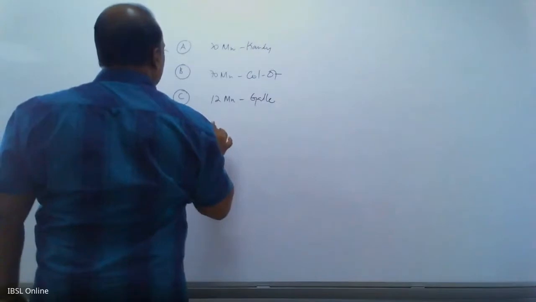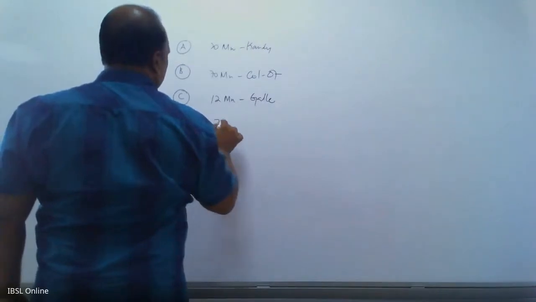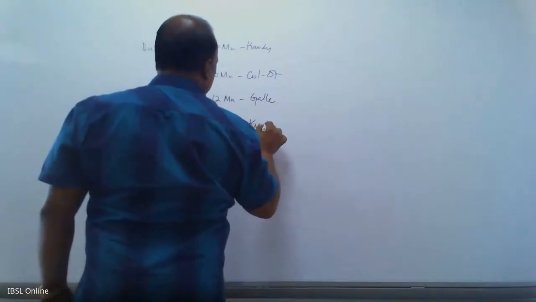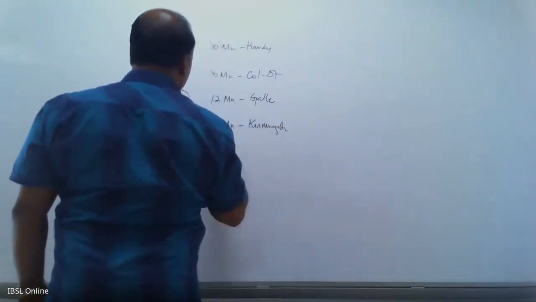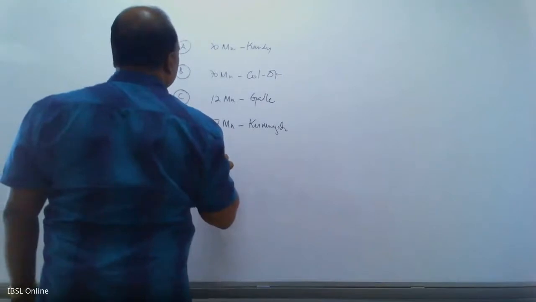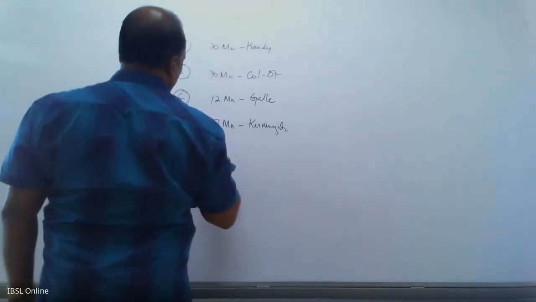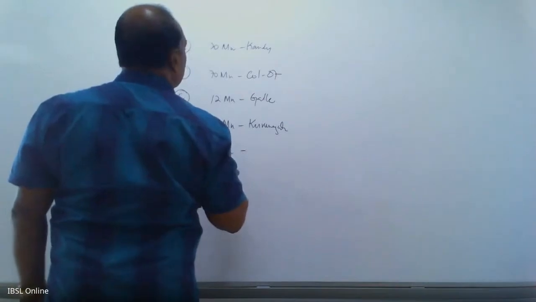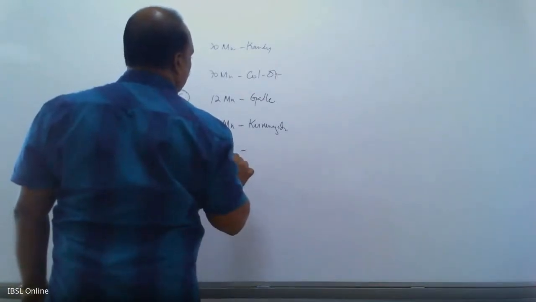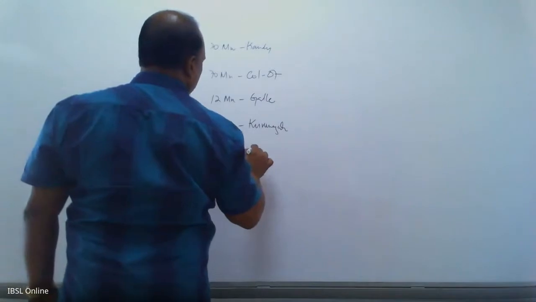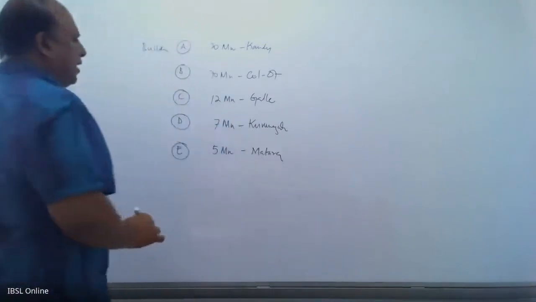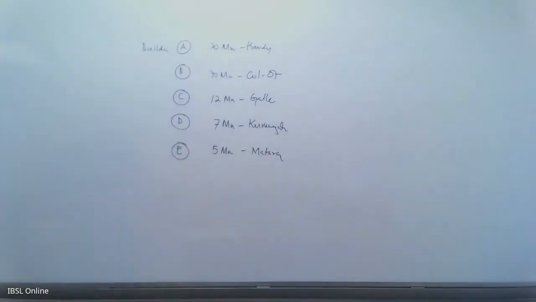This is 7 million in Kurunegala. And this is about, say, 5 million in Matara. Okay, I'm just taking 5 locations and the values.